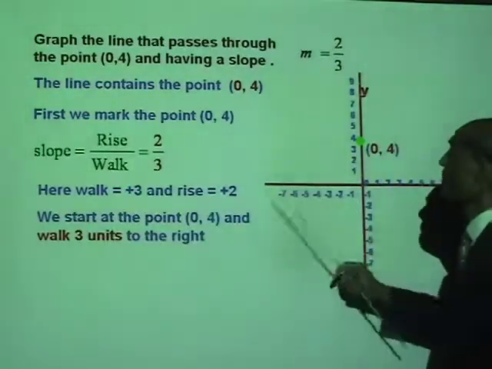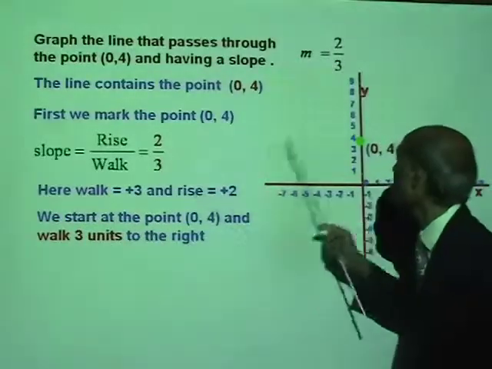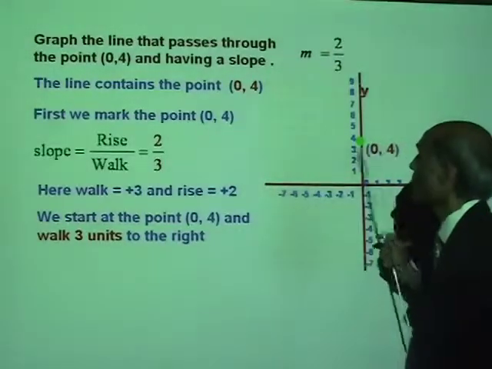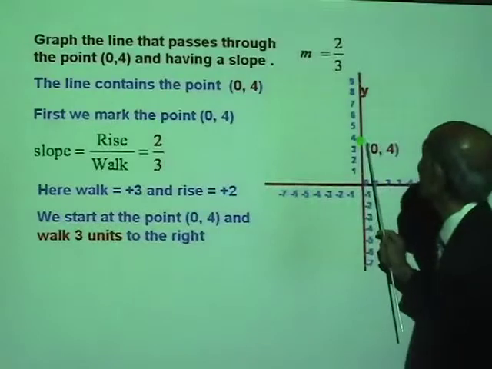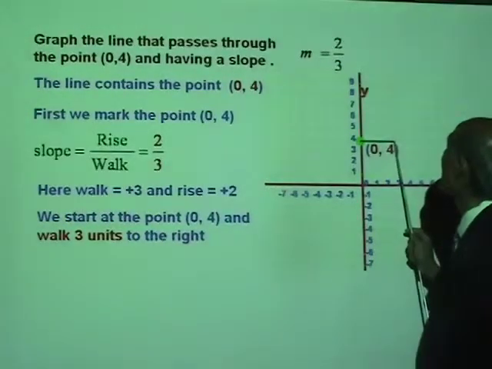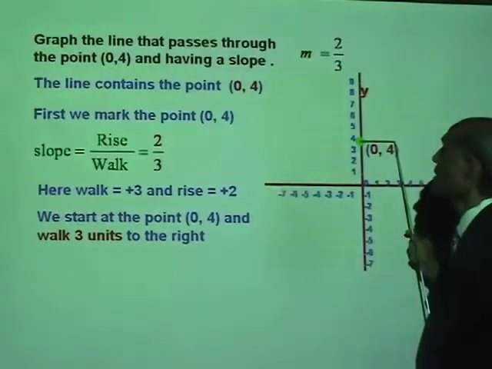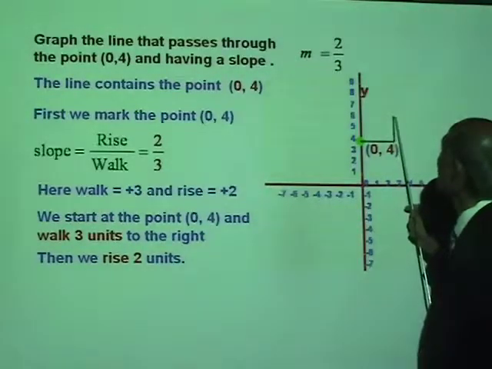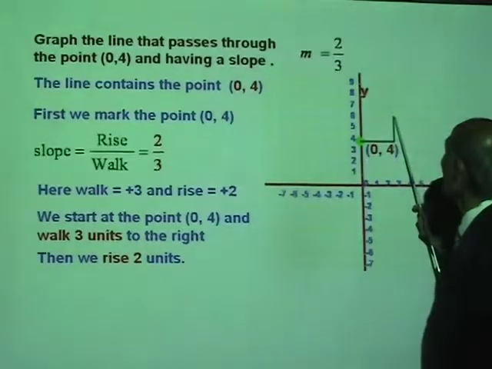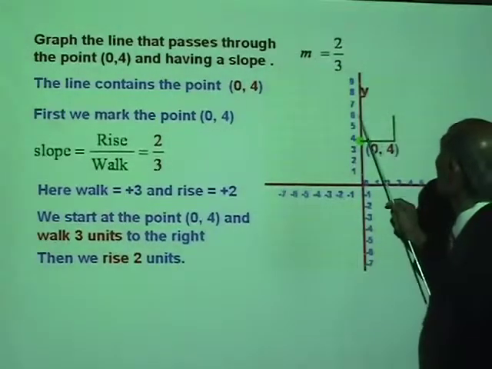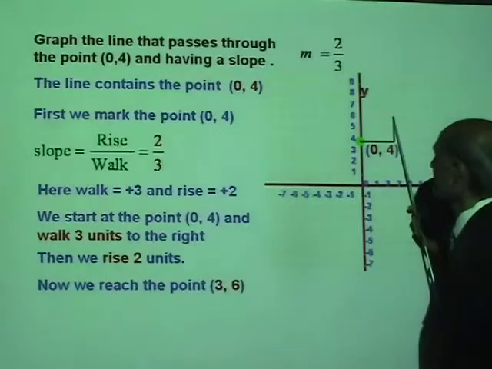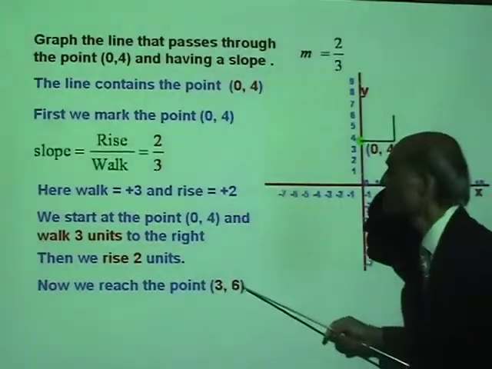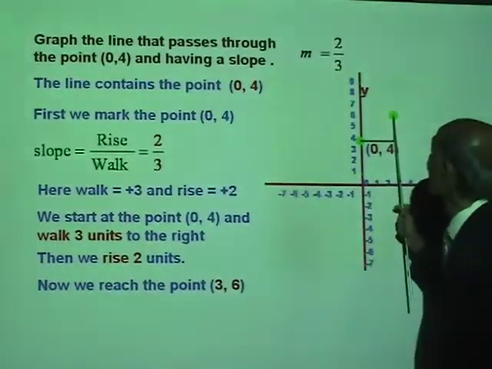Alright, so we start at the point (0, 4) and walk 3 units to the right to come here. And what do we now do? Then we rise 2 units to come to this point. What is that point now? That point is x equal to 3, y equal to 6. So that point will be (3, 6).